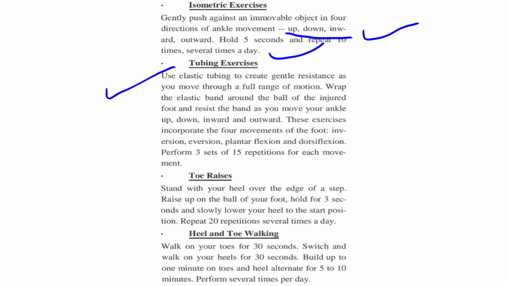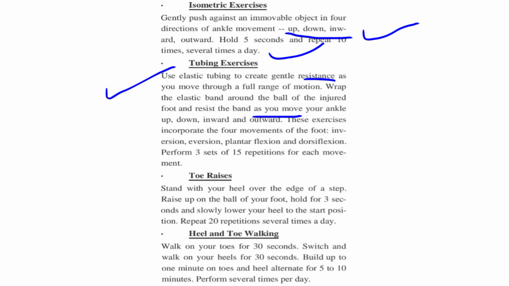Tubing exercises use elastic tubing to create gentle resistance as you move through a full range of motion. Wrap the elastic band around the ball of the injured foot and resist the band as you move your ankle up, down, meaning all ankle range of motion with strengthening.